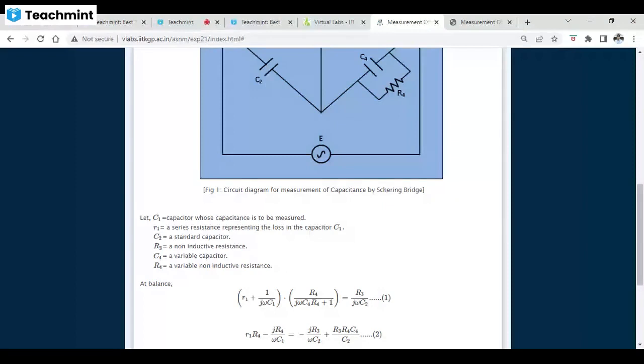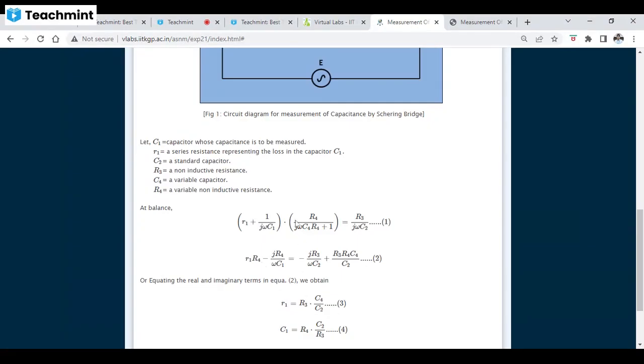Now equating these two, multiplying this part, this is R1 R4 minus j R4 by omega C1.